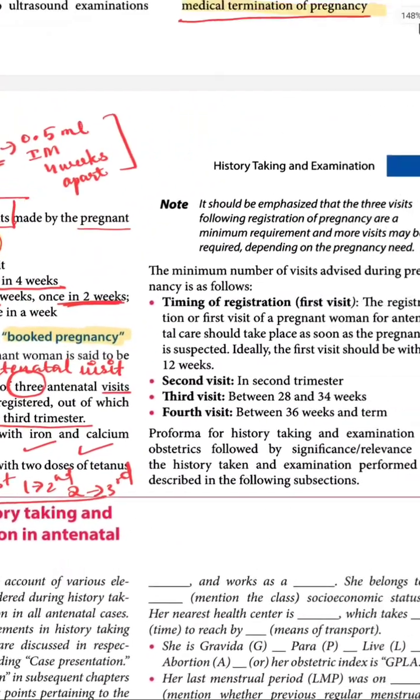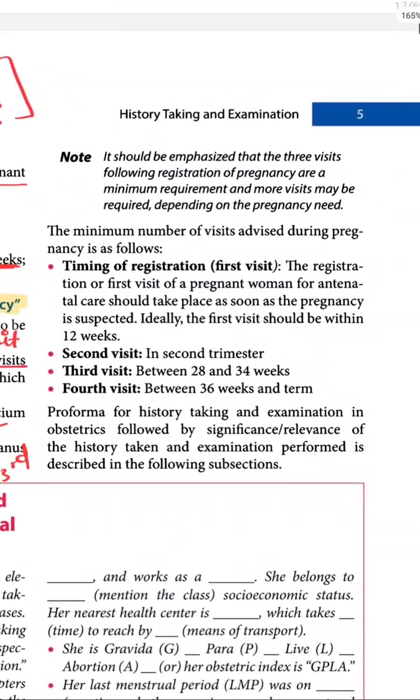Now, it should be emphasized that these 4 visits following the registration of pregnancy are a minimum requirement, and more visits may be required. Okay, so the timing: the first visit, as I told, should be within 12 weeks. The second visit should be during the second trimester.